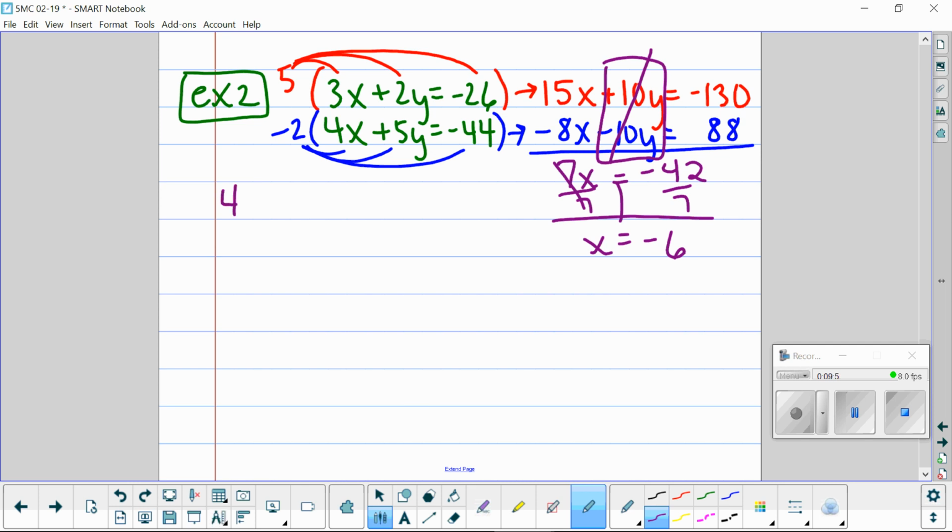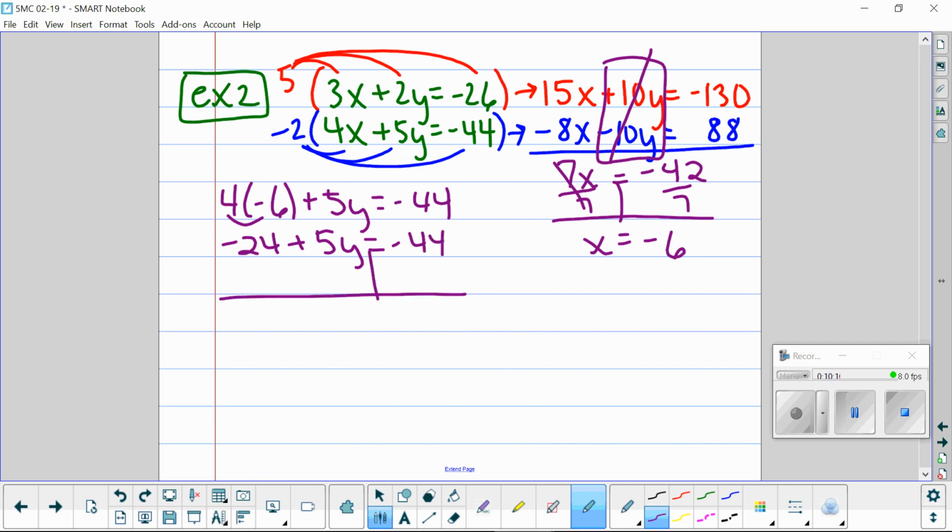So this will be 4 times negative 6 plus 5y equals negative 44. So 4 times -6 is -24 plus 5y equals -44. And now it's going to be wall, floor.